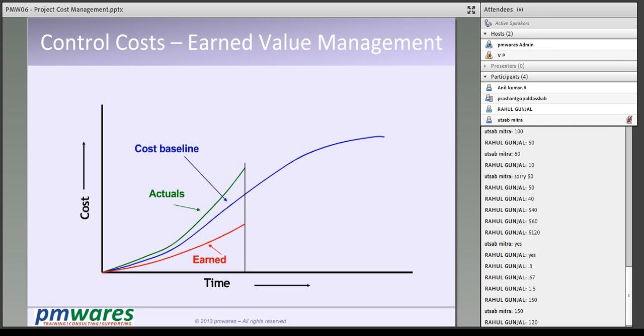Spending more than baseline, achieving less than the baseline. Then our CV is this, this is AC, right? This is clear. This is PV we were supposed to do. This is what we actually spent. This is what we earned.